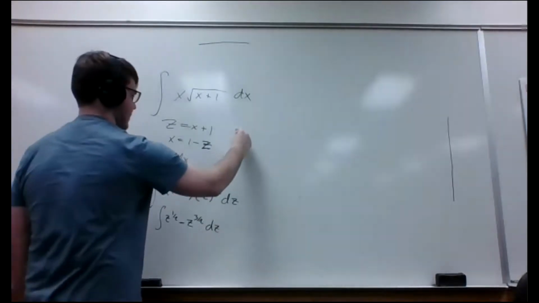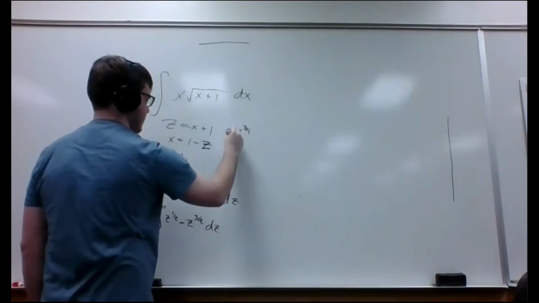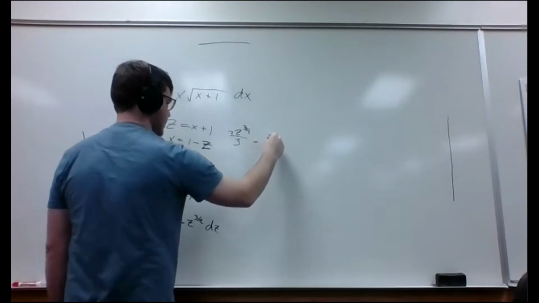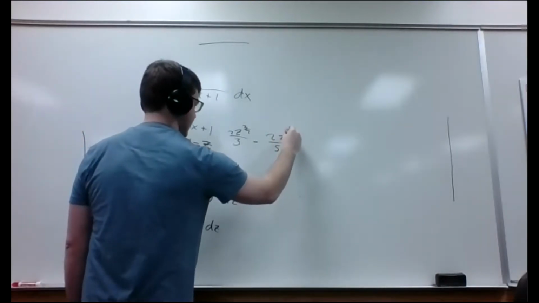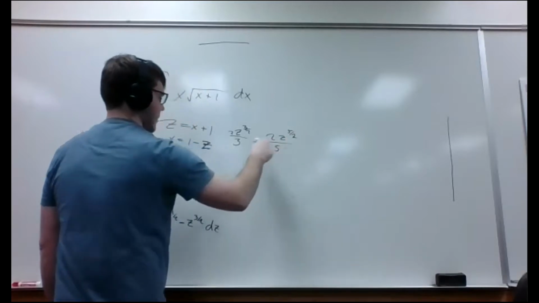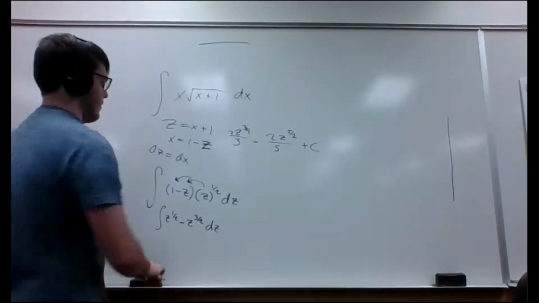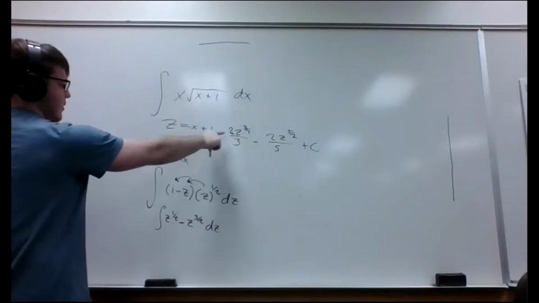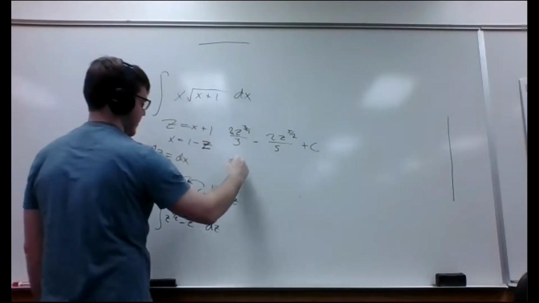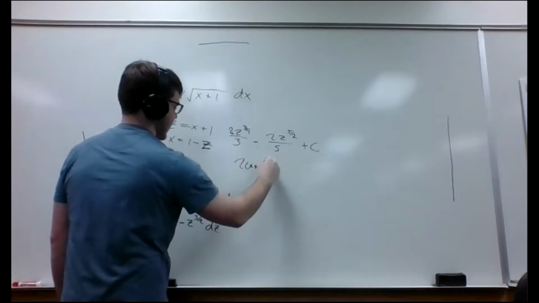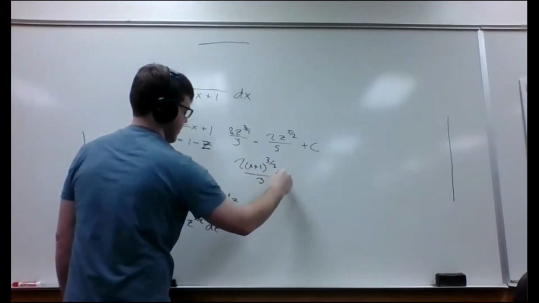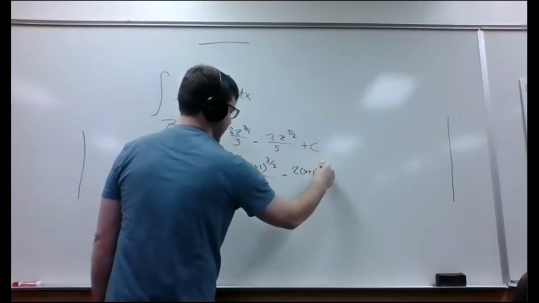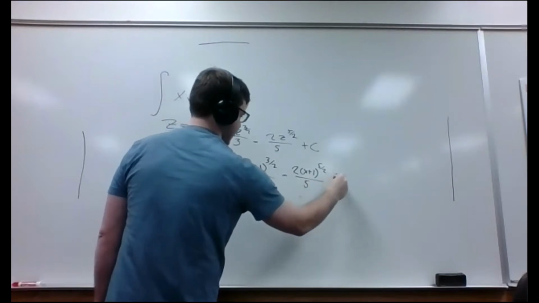So then that would be 2/3 z to the 3/2, minus 2/5 z to the 5/2, plus c. And we can't forget that we started with x variables, so we'll go back in and plug in our x variables, right? So 2 times x plus 1 to the 3/2 over 3 minus 2 times x plus 1 to the 5/2 over 5 plus c.